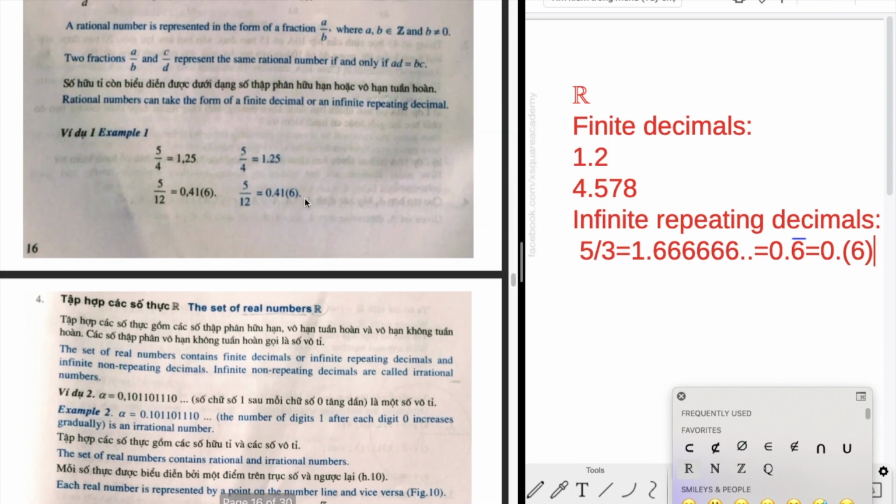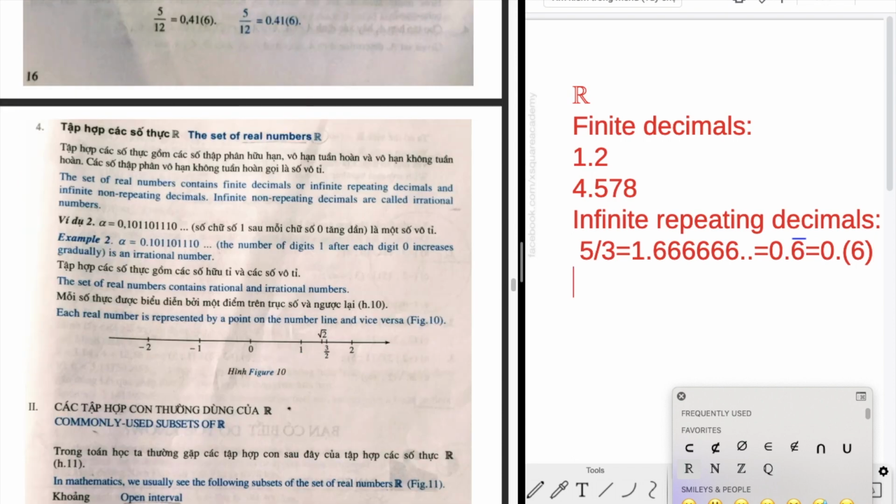Like the example in the book, you see the 6 in the parentheses. So this number is repeating. Your calculator often displays this form when the result is an infinite repeating decimal. You can try to see it.